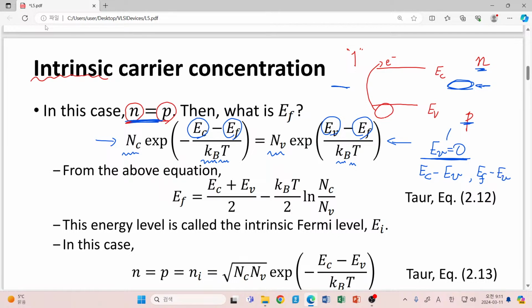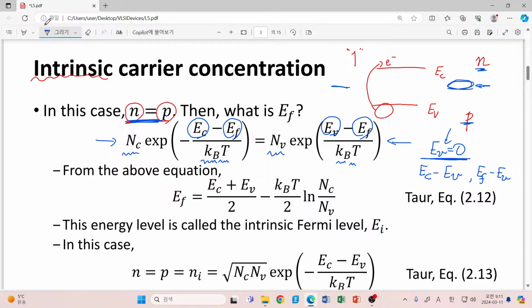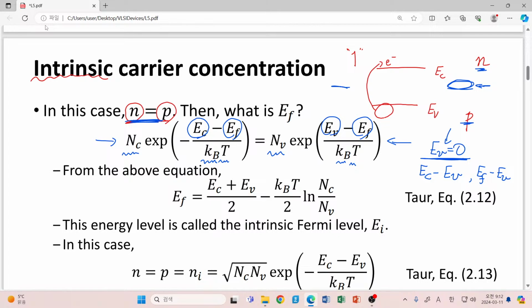Since EV is the reference, previously we had 3 energy levels, but now let's say the valence band maximum is the reference energy. Then we have just 2 remaining quantities. The difference between EC and EV is the quantity called the band gap. For silicon, this quantity is 1.12 electron volt at 300 Kelvin.